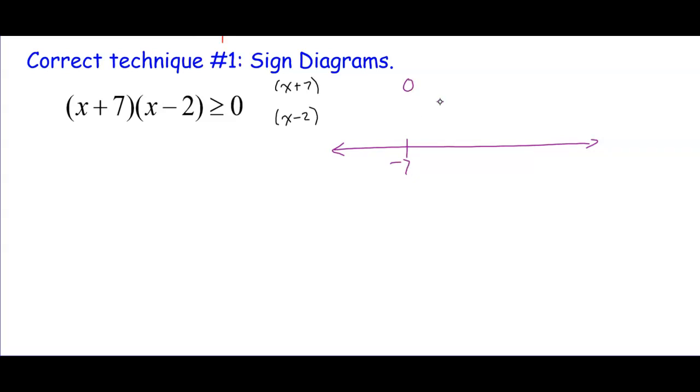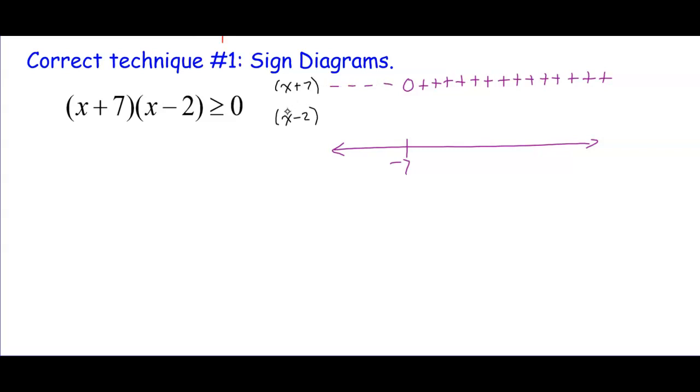If you plugged in something bigger than -7, like -6 or -5, you end up getting a positive result. And in a sign diagram, all you keep track of is positive or negative. You don't worry about the specific details. If you plug in something less than -7, like -8 or -9, x plus 7 will come out negative.